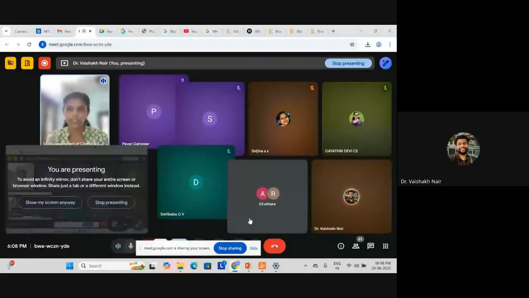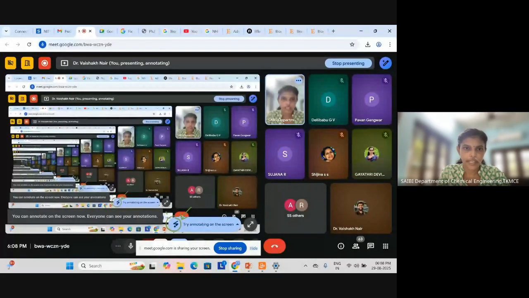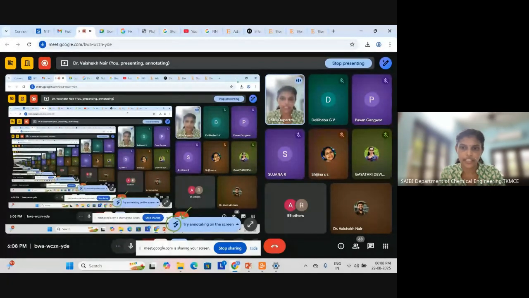So participants, today we have our session by Dr. Vaishak Nair. He's an assistant professor in the Department of Chemical Engineering, NIT Surathkal. He has done his PhD in chemical engineering from Indian Institute of Technology, Madras, and his master's in nanotechnology from National Institute of Technology, Calicut.